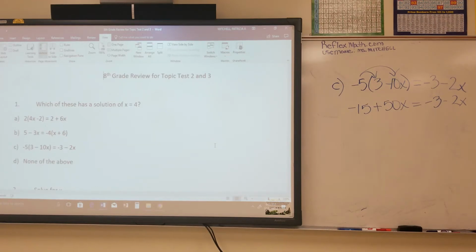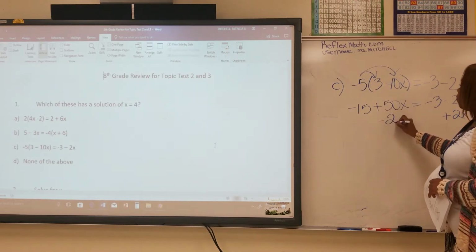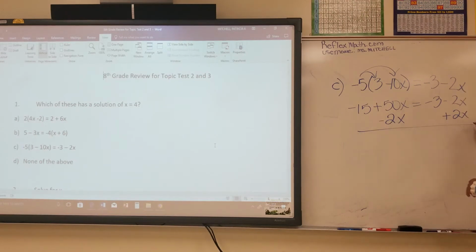From here, we can now combine like terms, okay? So here we have our like terms, negative 15, negative 3, positive 50x, and negative 2x. We can add 2x here and add it over here to combine our like terms.